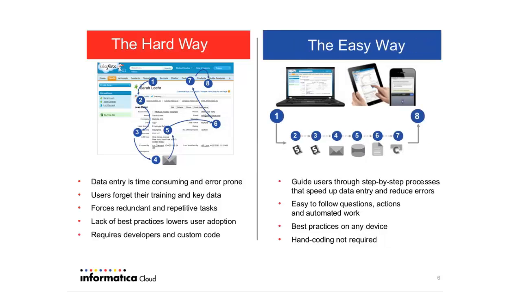The easy way, and we'll see some of this actually in a couple of seconds, the better way is to guide and script and allow my call center agent to react to customer questions and guide them through a nice step-by-step process and automate as much of that conversation as possible.